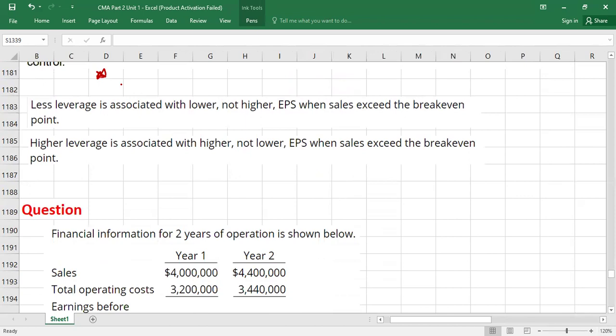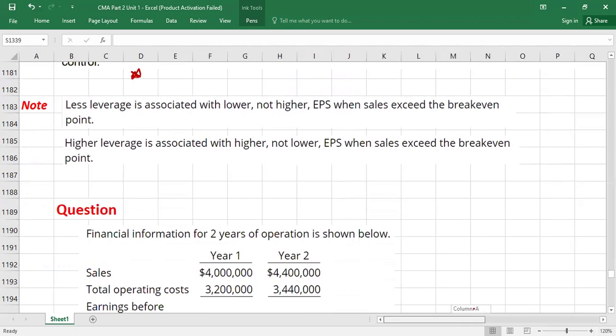Yes, it is risky. But please remember, now I'm going to tell you the effect of leverage, especially financing leverage, or whatever kind of leverage it is. These two points you have to remember.